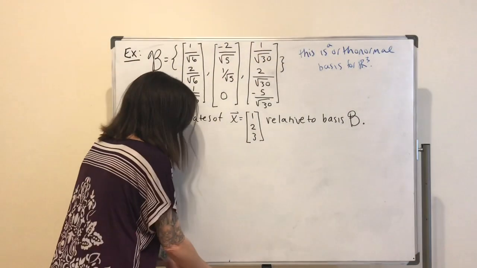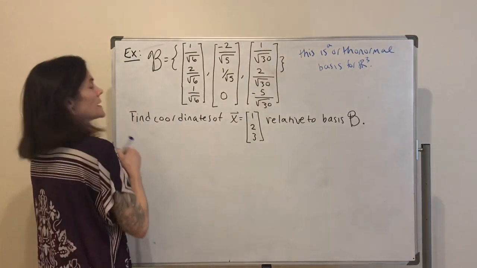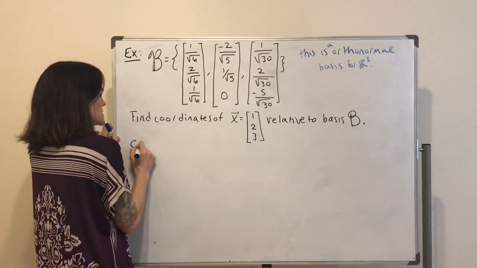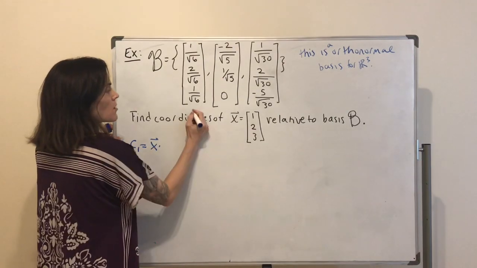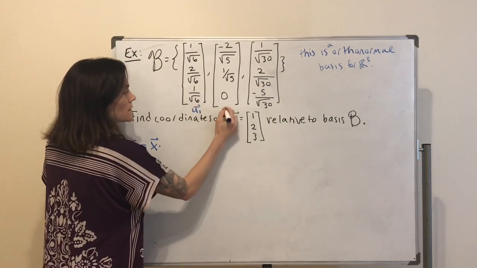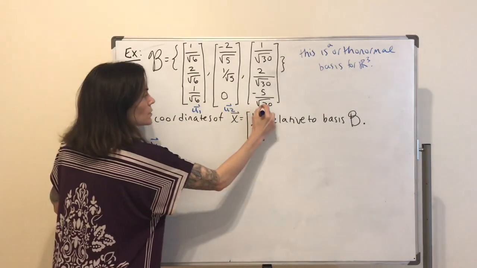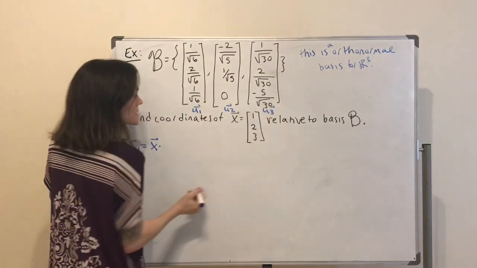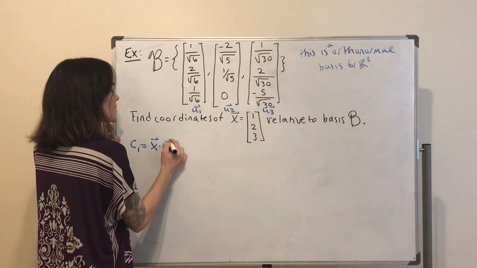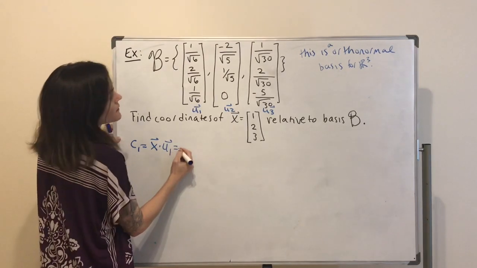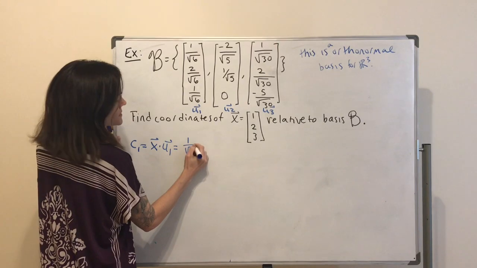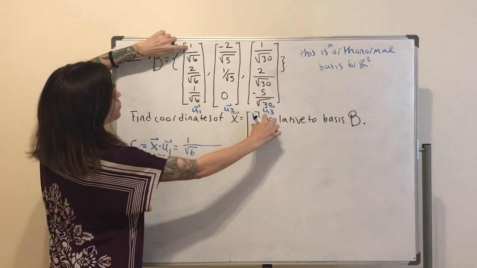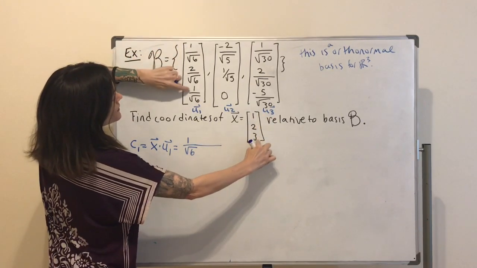All we need to do is calculate. So the first coordinate C1 is x dot, let's say this is U1, U2, and U3, like this. This would be x dot U1. It's 1 over square root 6, all over square root 6, 1, 4, 3.